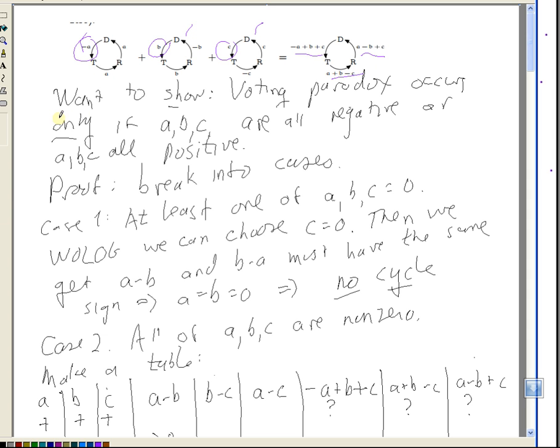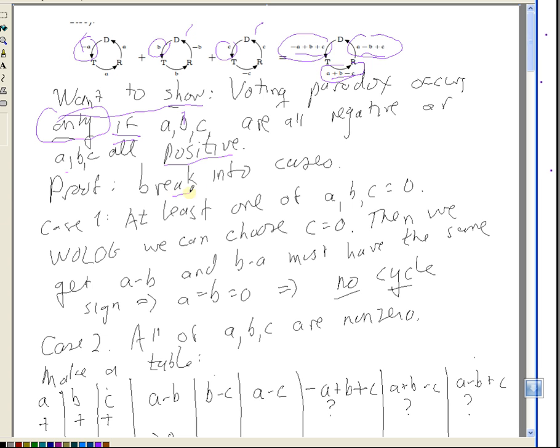Now we want to show that a voting paradox occurs only if, notice the only if, A, B, and C are all negative, or A, B, and C are all positive. Now, when does a voting paradox occur? A voting paradox occurs when this, and this are all the same sign. They're either all positive or all negative.